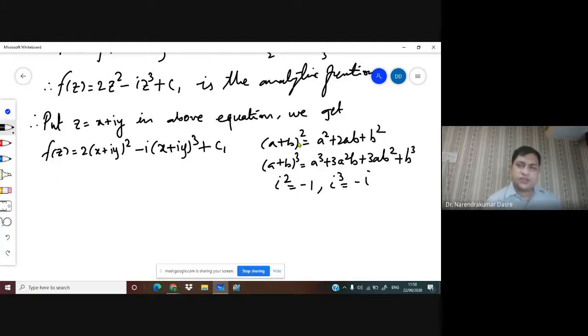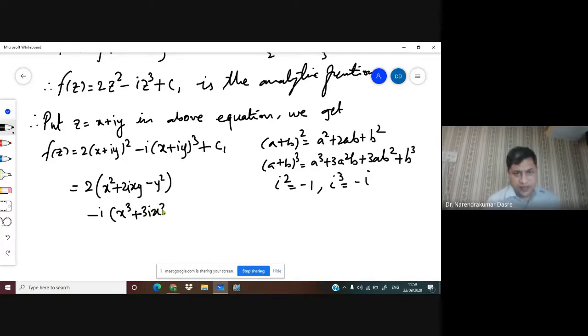So using this binomial theorem for the expansion of square and cube, we are able to find this is twice x square plus 2ixy minus y square minus i, and you will be having here x cube plus 3ix square y minus 3xy square minus iy cube plus c1.